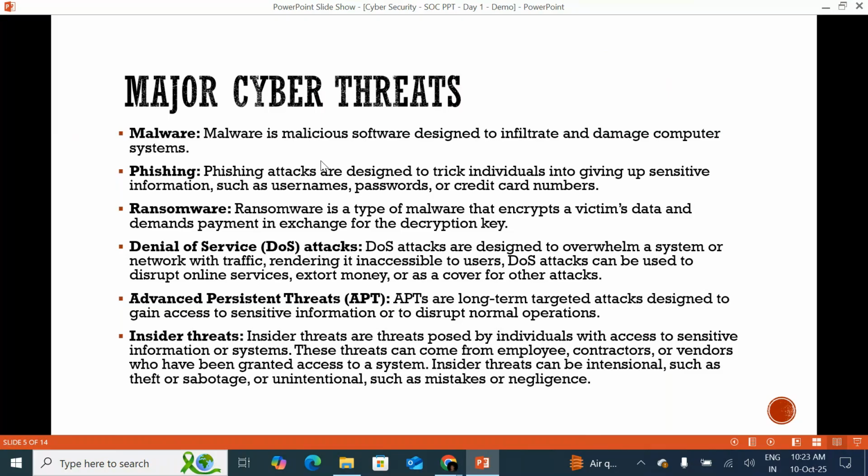Then phishing. What is phishing? Phishing has different types, for example email phishing, vishing, and spear phishing. Email phishing is nothing but people sending mails to you and creating some emergency in the mail.